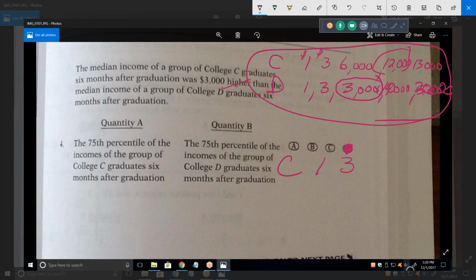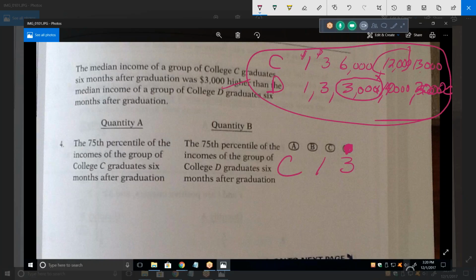By changing the 4th and 5th number of each row to whatever I want, I can tell that I'm affecting the 75th percentile drastically. So I can make either one bigger. And that means you can't tell.